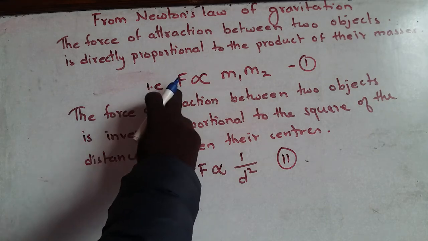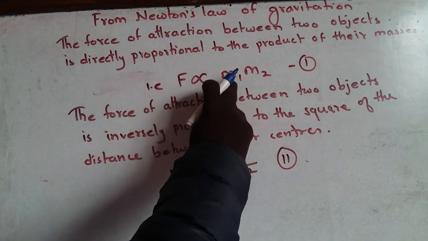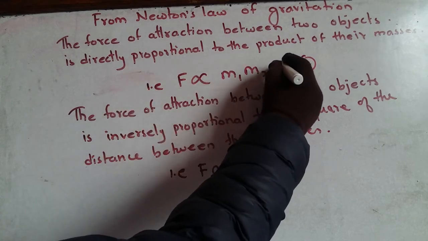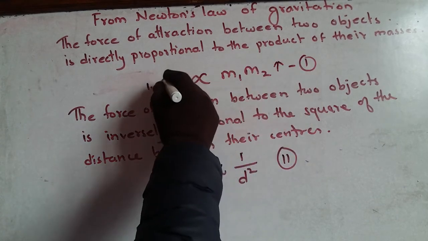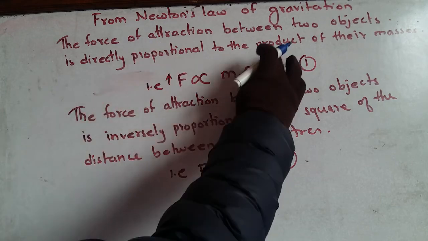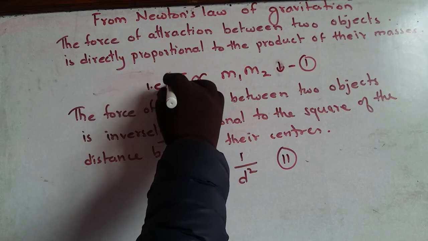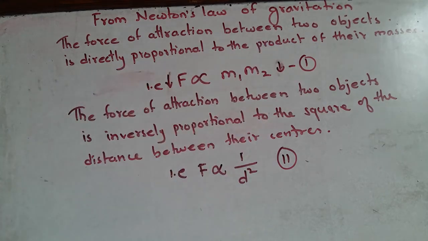So here the force of attraction is directly proportional to the product of the masses. That is, if the product of the masses increases, the force also increases. If the product decreases, the force also decreases. That's why they are directly proportional.